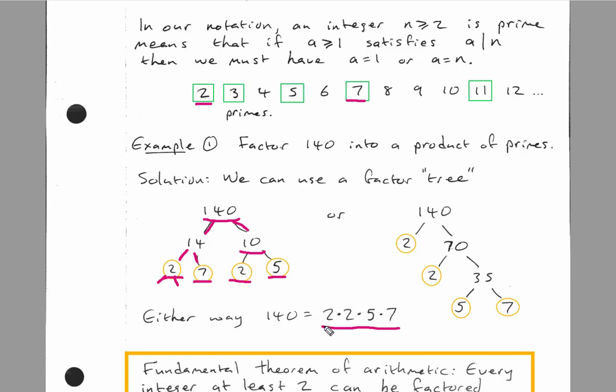Maybe there's a different way to break this up. Suppose instead of 14 times 10, you did 2 times 70. 2 is prime, but 70 breaks up. You could do 7 times 10 or 2 times 35 here. 35 is 5 times 7.